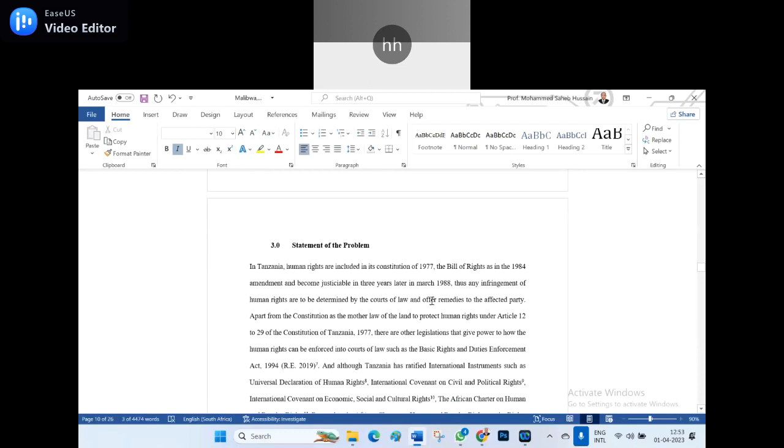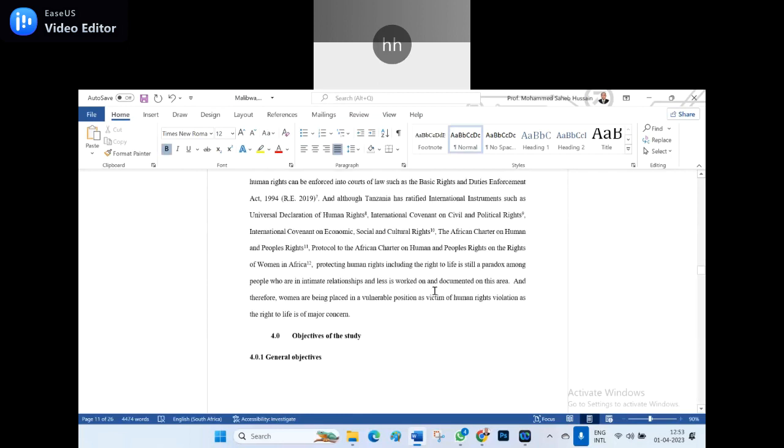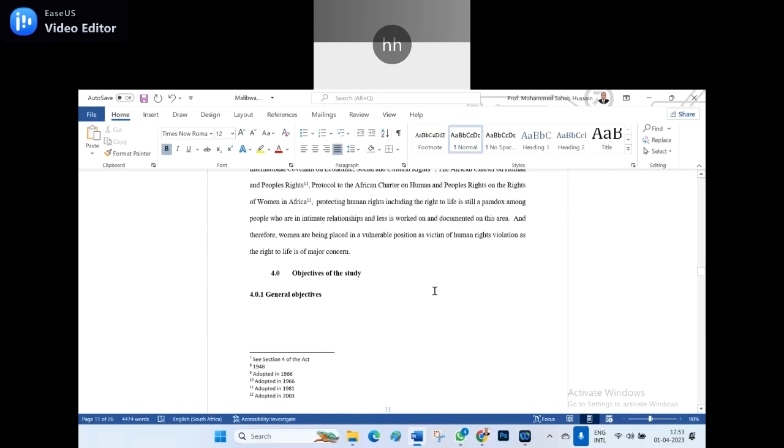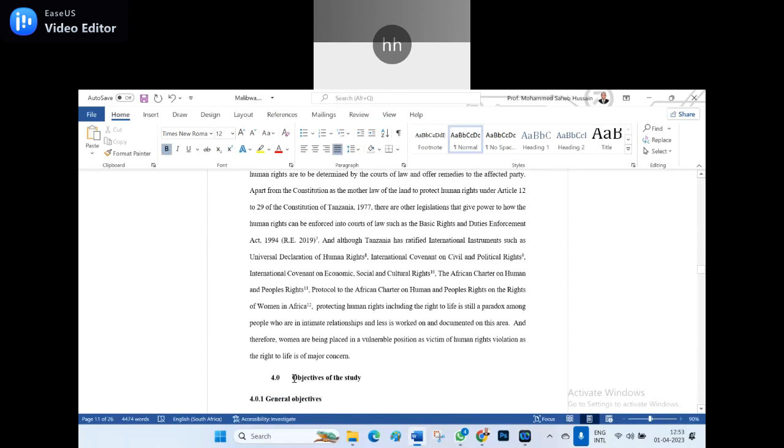And then 3.0, you drag it to the extreme left. And the statement of the problem, okay, well and good. And then, okay, 4.0; of course, your numbering should be changed automatically. This numbering should be changed, as I told you earlier.